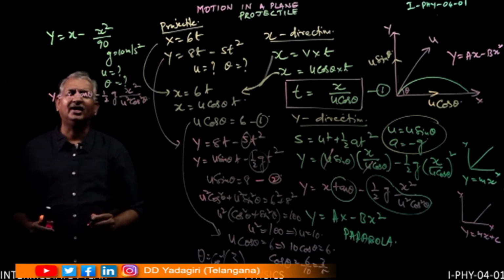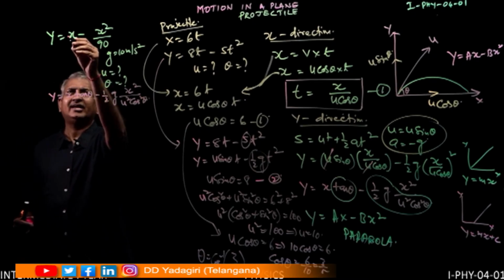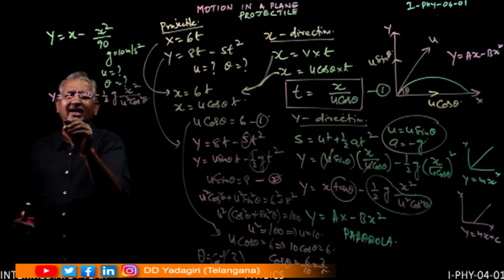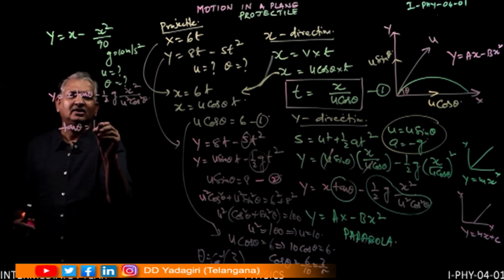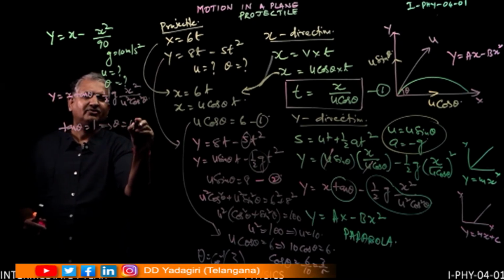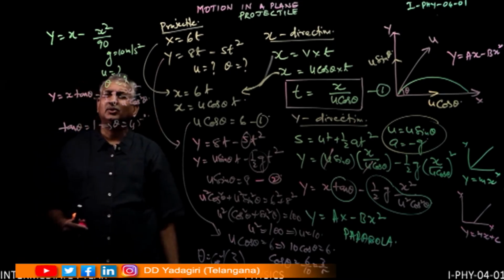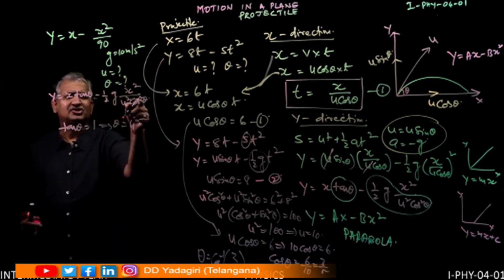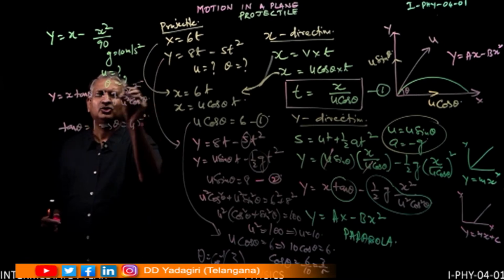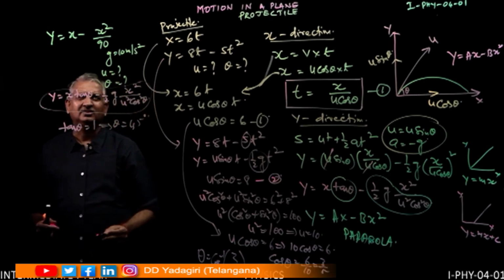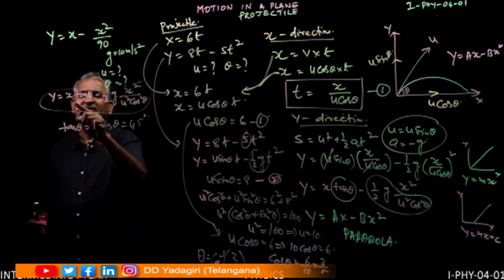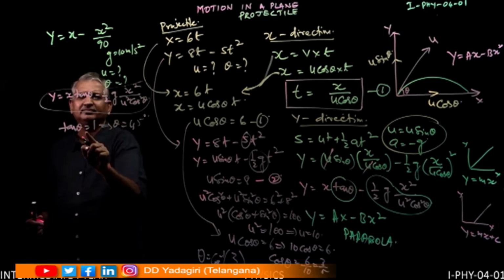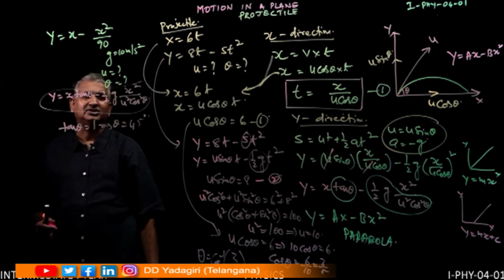If I compare here, x coefficient is 1, that is tan theta is equal to 1, or theta is equal to 45. ఇక్కడ చూడండి, మనకి ఇచ్చిన స్టాండర్డ్ ఈక్వేషన్ ప్రకారం, ఈ సూత్రం ప్రకారం దీంతో కంపేర్ చేస్తే ఇక్కడ tan theta అంటే 1 అంటే theta 45 degrees వచ్చేసింది.